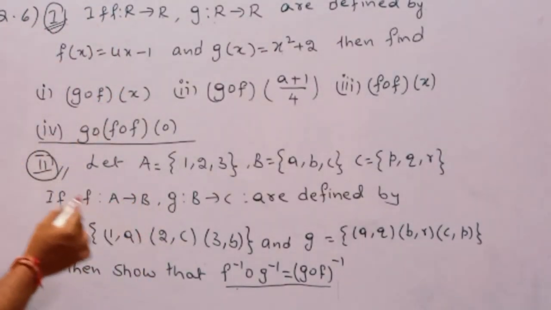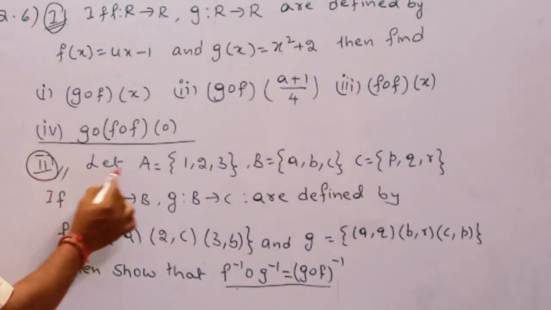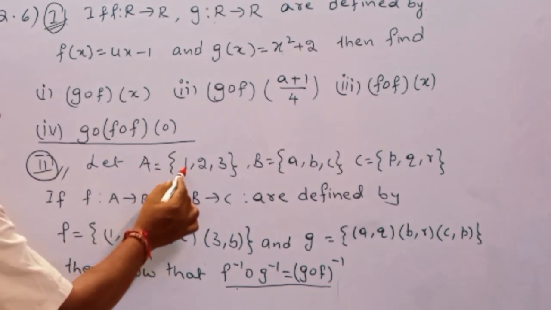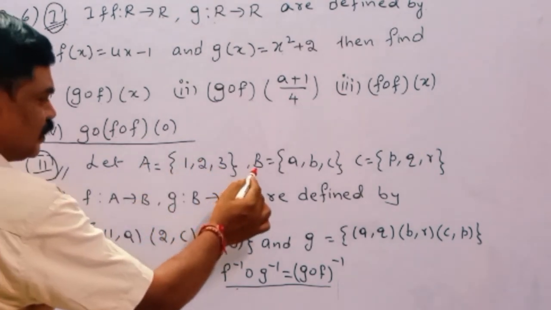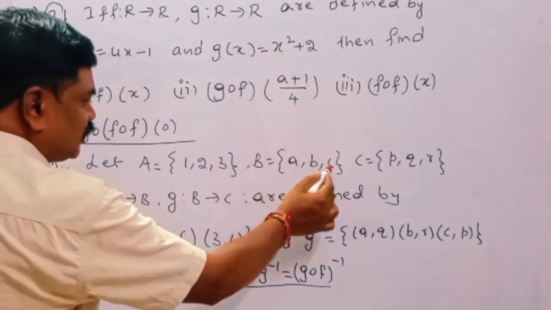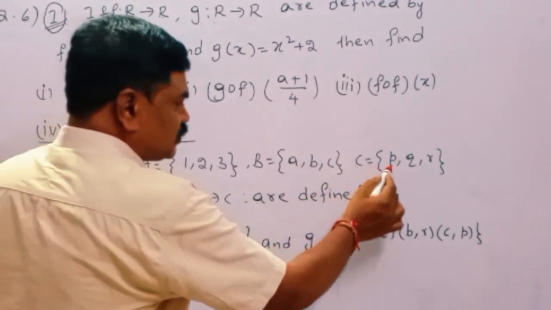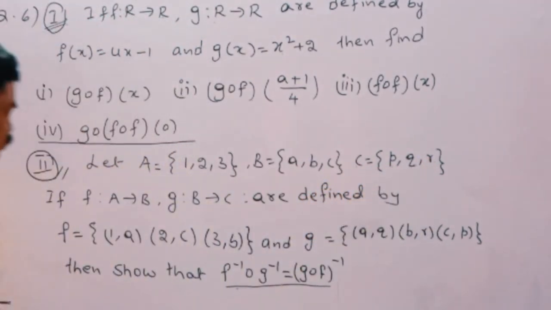Second part of the problem: let A is equal to set of 1, 2, 3, B is equal to set of a, b, c, C is equal to set of p, q, r.